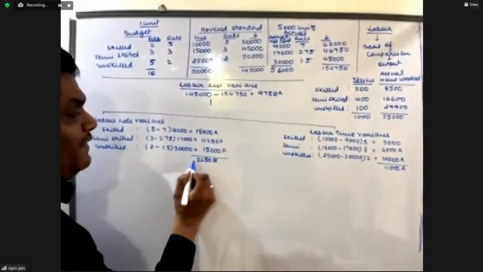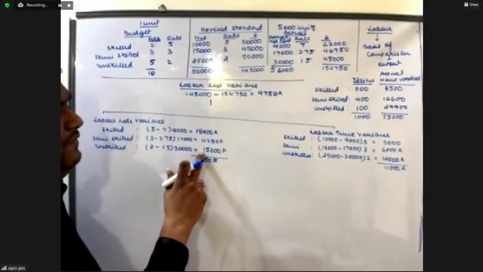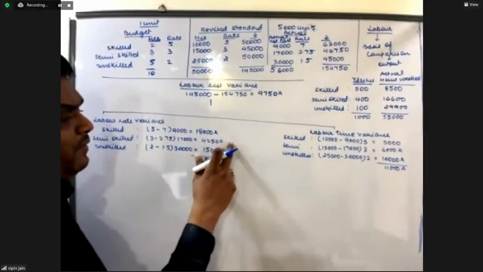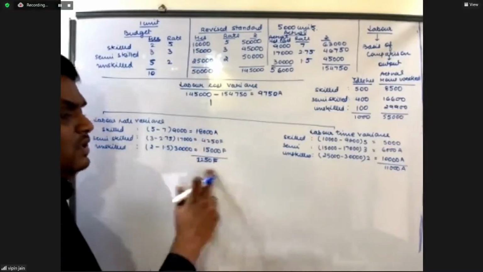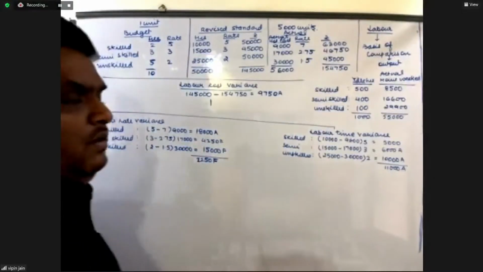This is 1250, that is 15,000 favorable plus 4250 favorable. That is 19,250 favorable minus 18,000 adverse. So this will be 1250 favorable.